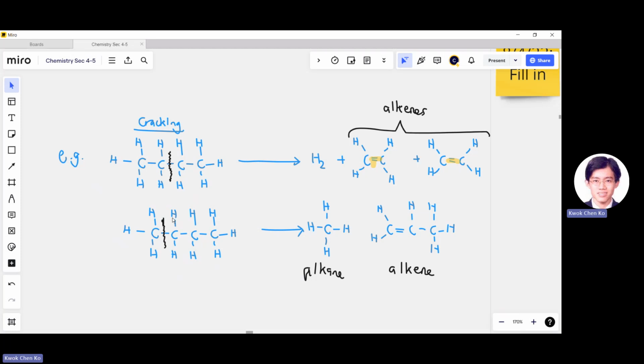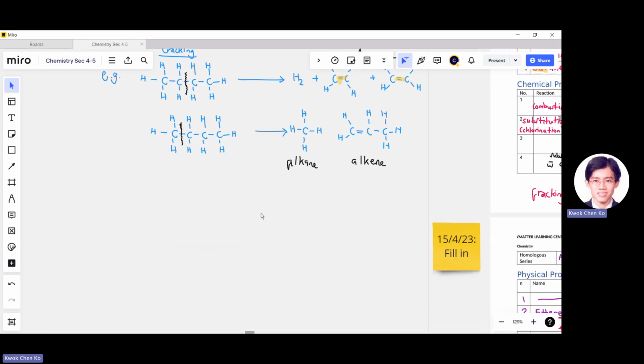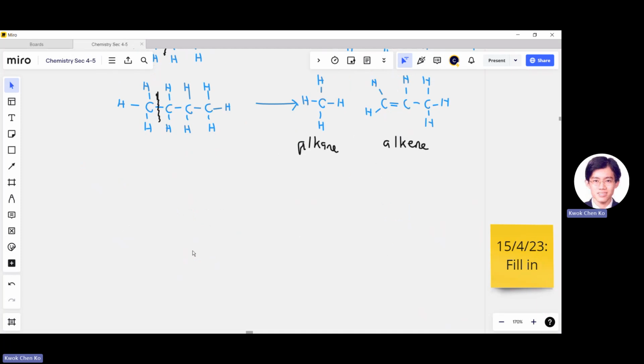Imagine, it takes some calculation to set a good question, but I'll try to come up with one. So imagine they tell you this, I have this alkane. They don't even draw it for you. You have to draw it yourself. And then they ask you, you crack it.